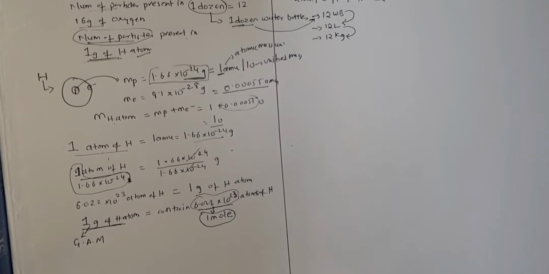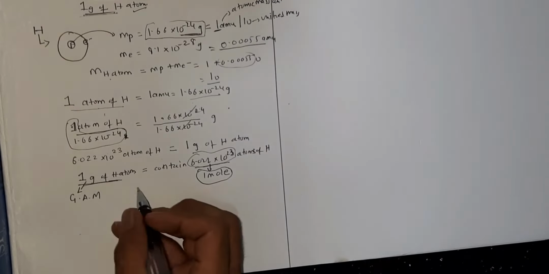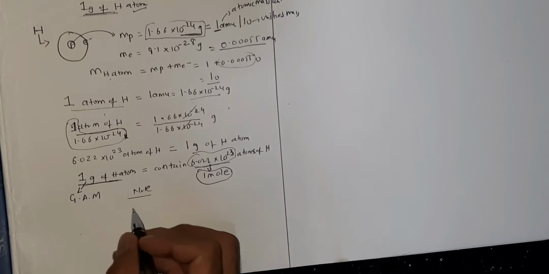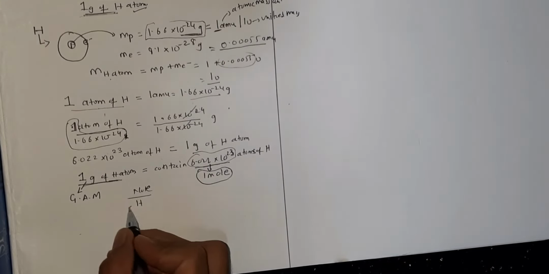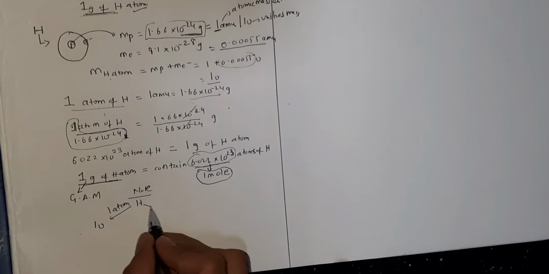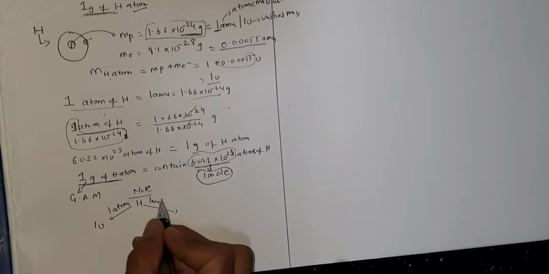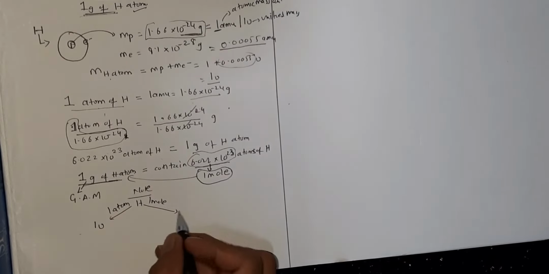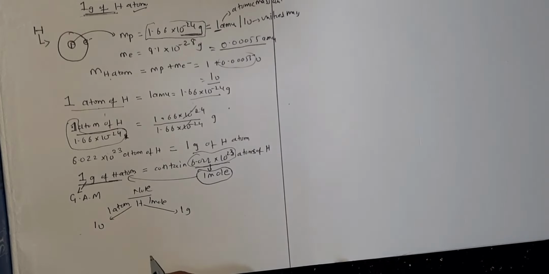One has to be clear with this idea: if I say 1 atom of hydrogen, what is the mass of 1 atom of hydrogen? 1 U. If I say 1 mole of hydrogen, how much is it? 1 gram. 1 atom of hydrogen can also be written as 1.66 into 10 raised to minus 24 gram, but in unified mass it will be 1 U or 1 AMU.